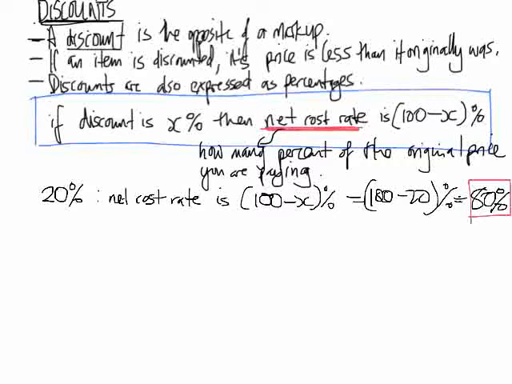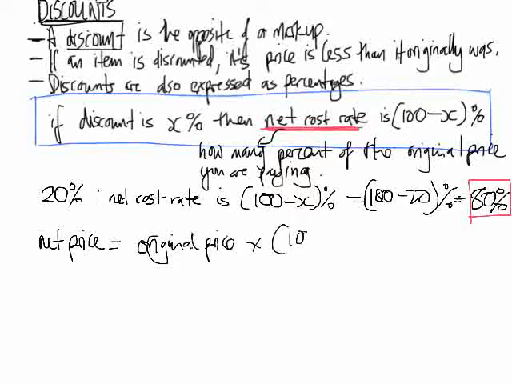Okay? So that leads us to this new formula, like we've been using formulas this whole time, of net price equals the original price times by the net cost rate, which we said is 100 take X percent.